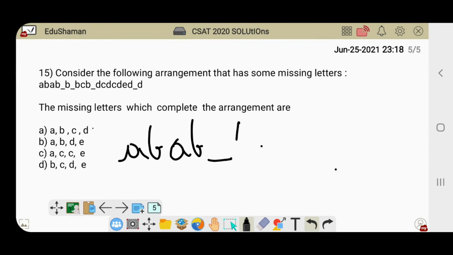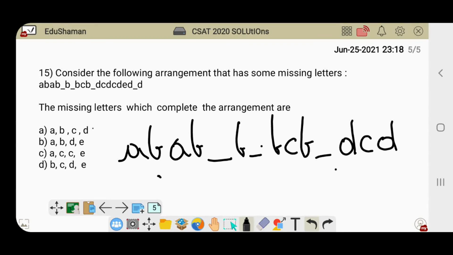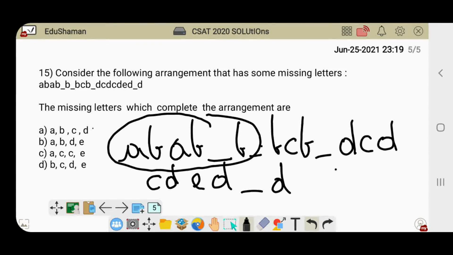AB underscore B underscore, I should have planned the width, underscore, anyways, DCD, CD, ED underscore D. Here the pattern which I can see from just having an oversight is there is something like AB going on. If I put an A here, I'm going to have an AB pattern here.